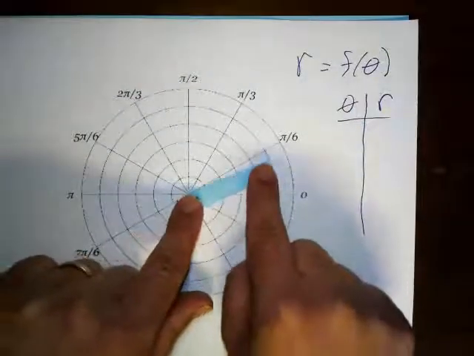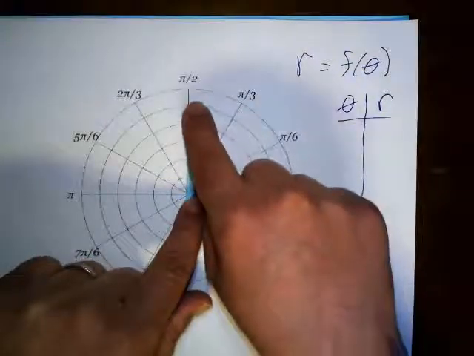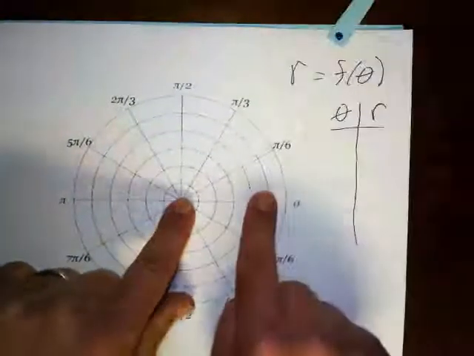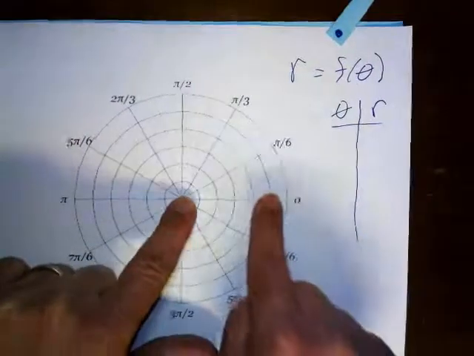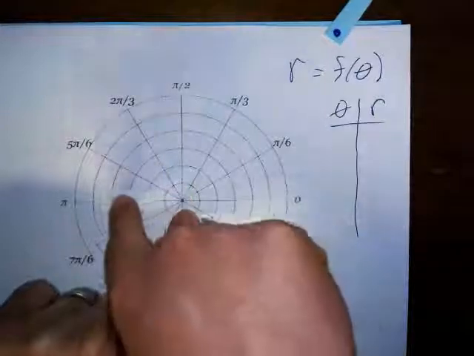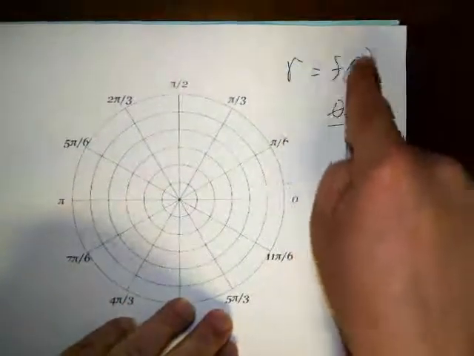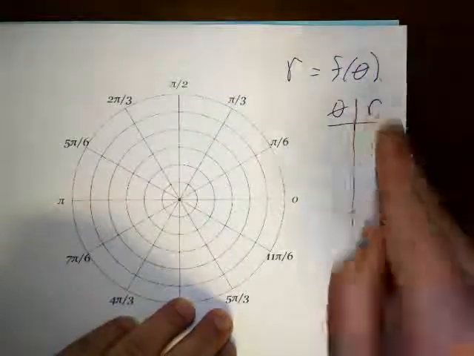Whatever angle it is, it's going to print at that angle. So think of this as a print head going around, going in and out, and wherever it prints for any given angle is determined by this equation here.